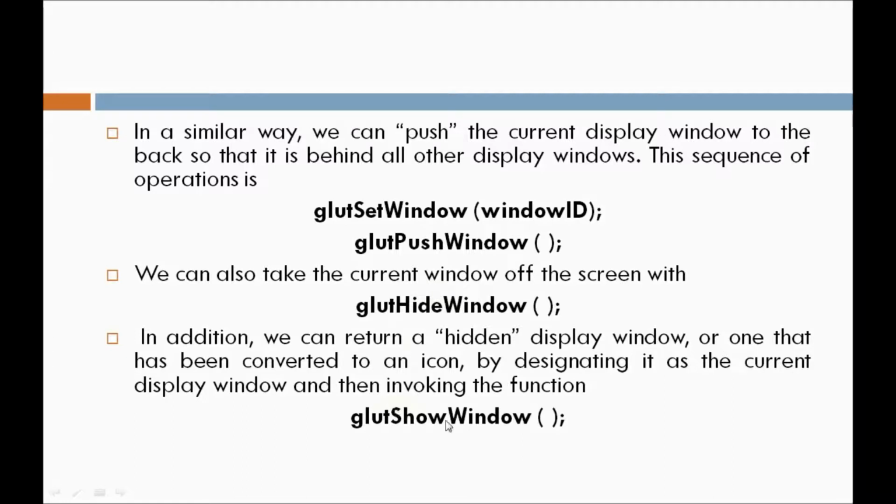You can use glutShowWindow. The hidden window will be shown in the front.